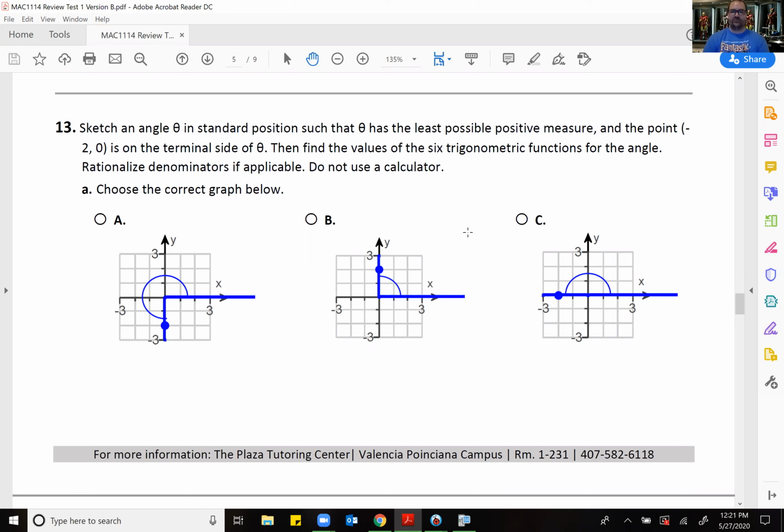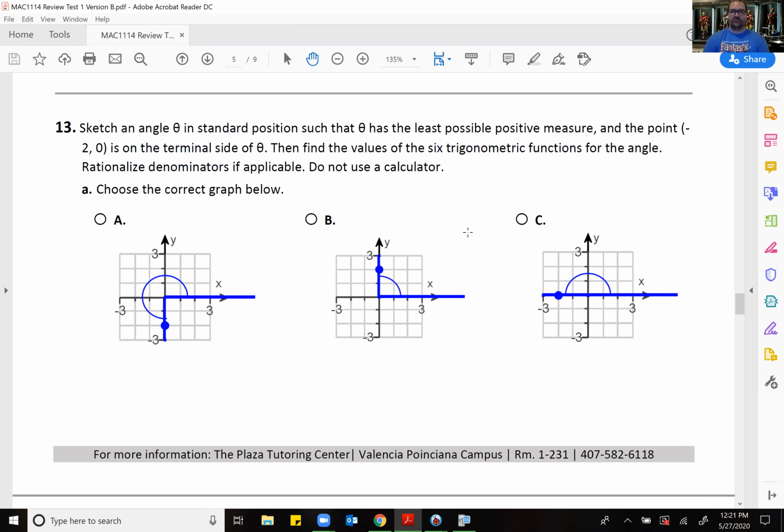But now, since our circle can be any size, we have to have r there. Cosine still deals with the x, but it's x over r. And tangent is all about y over x still. Okay? To get cosecant, secant, and cotangent, just flip these.